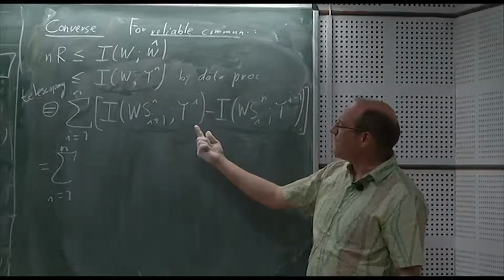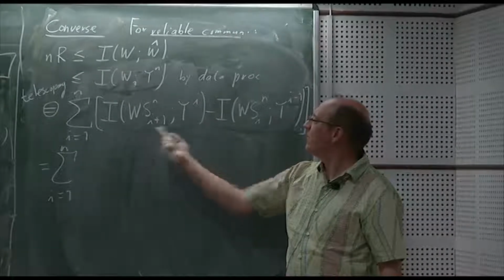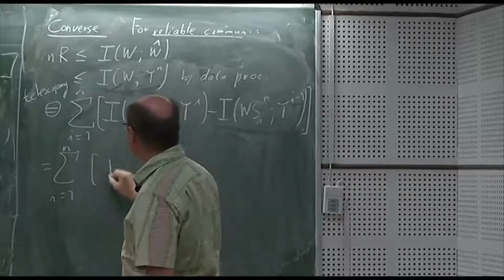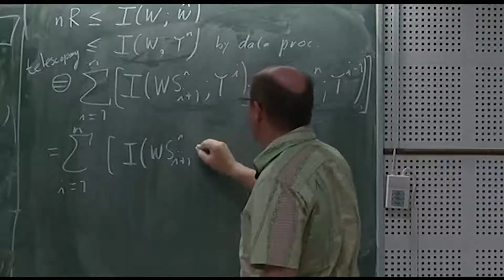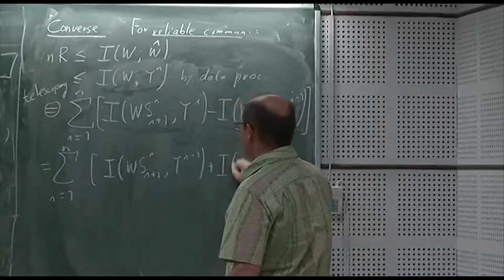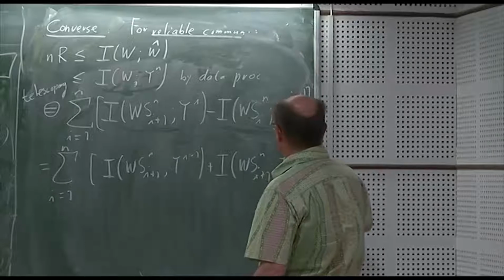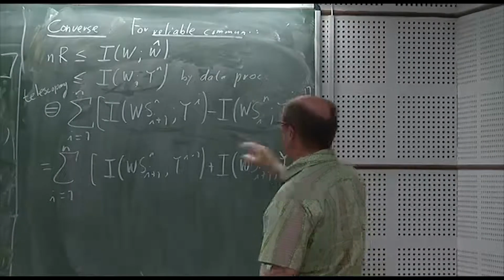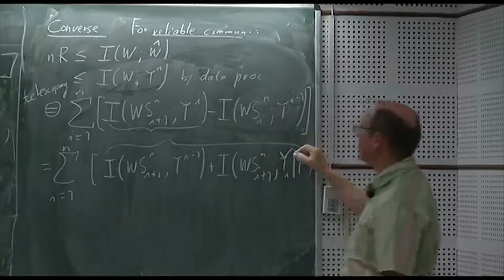So what I want to do is write this out. I want to get two canceling terms, so I'll write this as I(W, S_{i+1}^n; Y_{i-1}) plus I(W, S_{i+1}^n; Y_i given Y_{i-1}), right? So I just used chain rule on this. That's all.